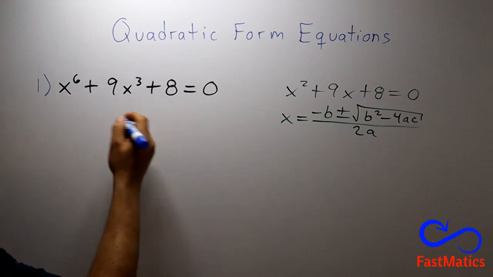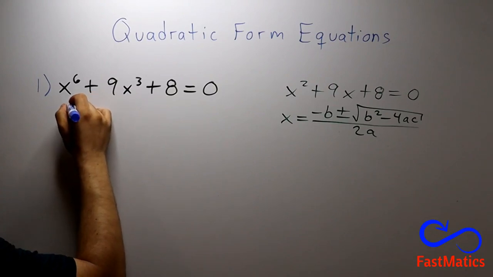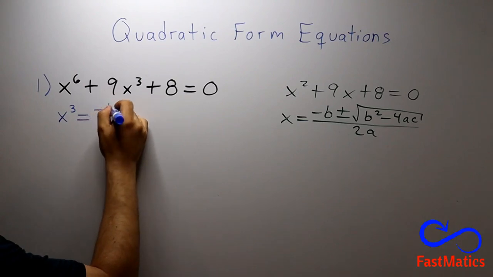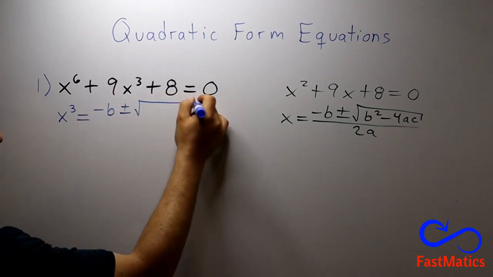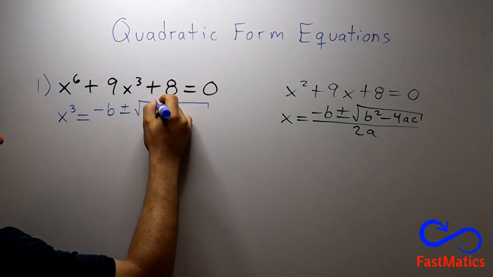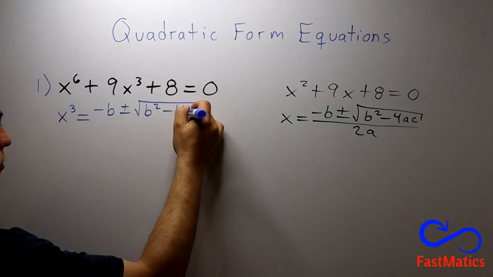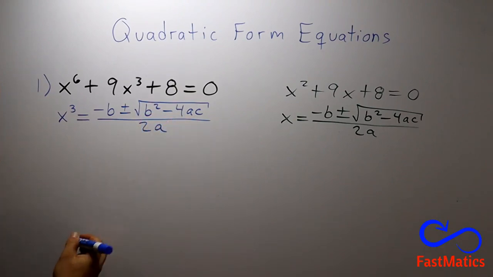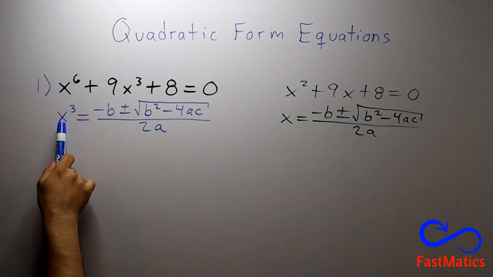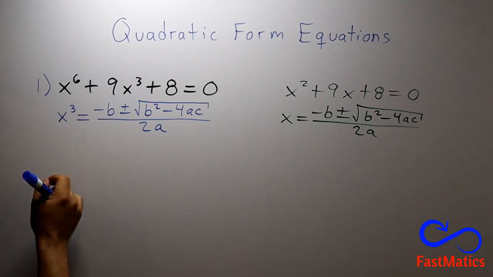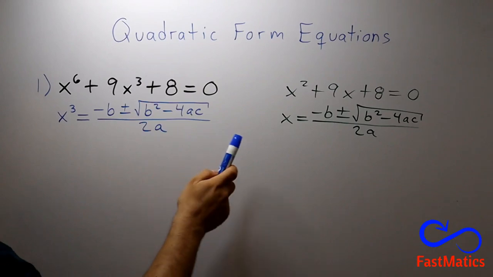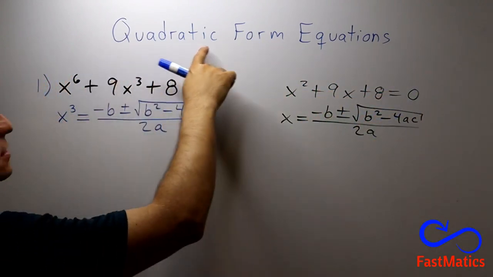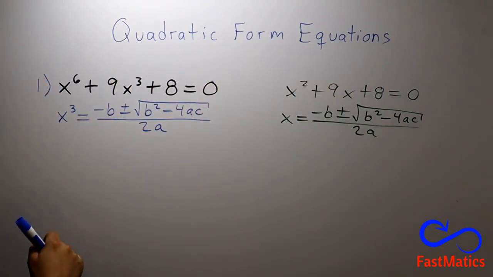So here the formula will be x to the third power equals negative b plus or minus the square root of b squared minus 4ac, divided by 2a. This is a little bit the difference between a normal traditional quadratic equation and a quadratic form equation.